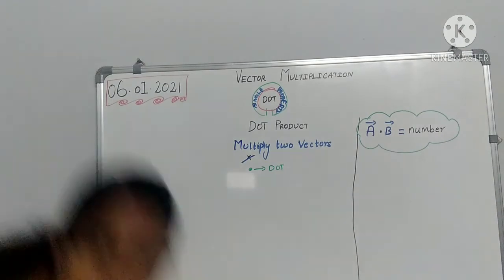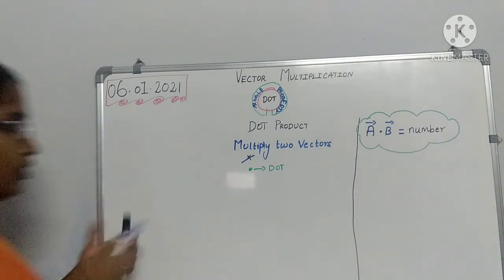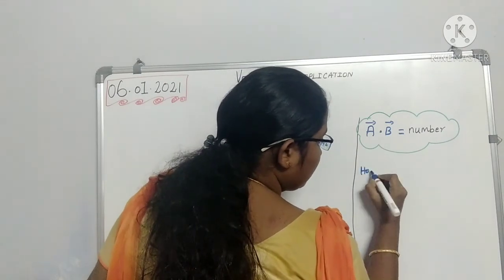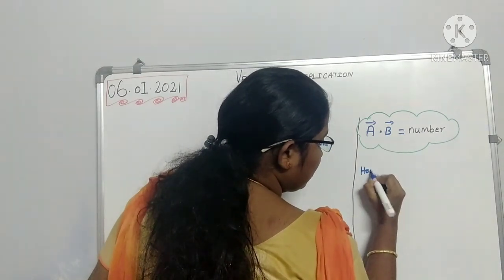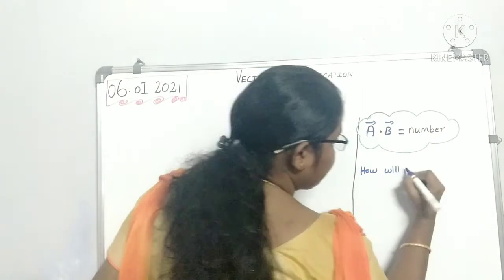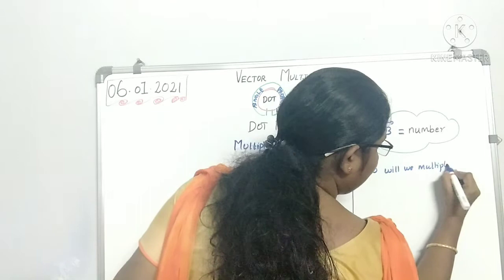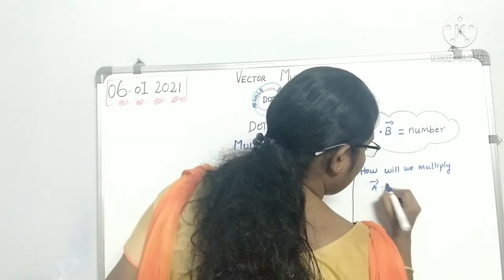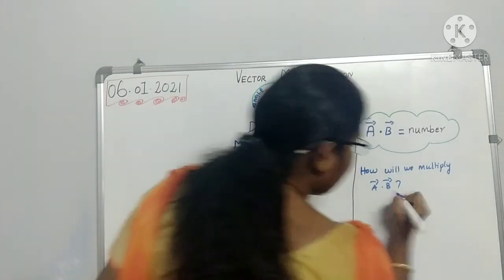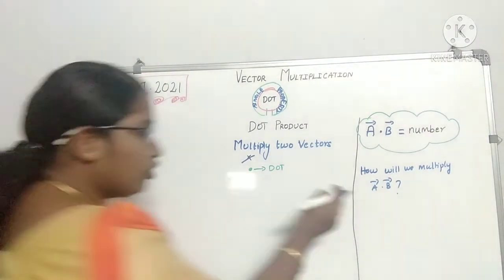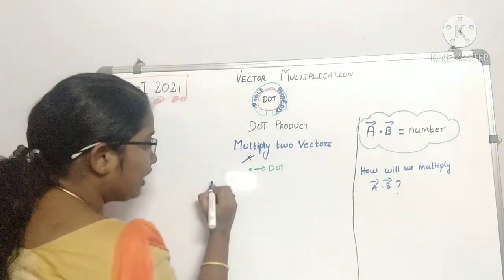Now you may ask the question, how will we multiply A vector dot B vector?